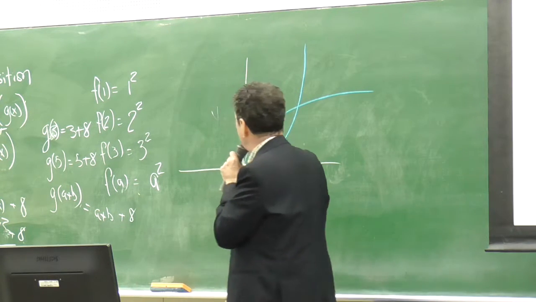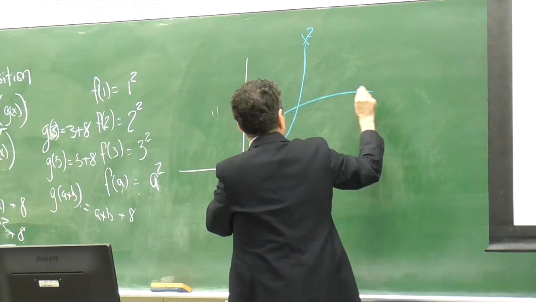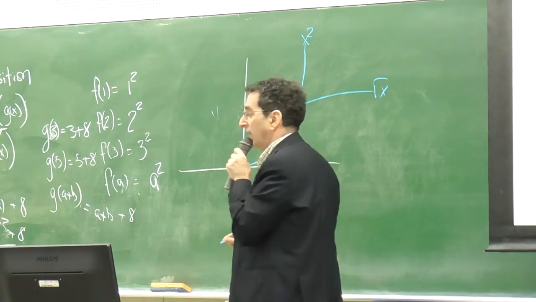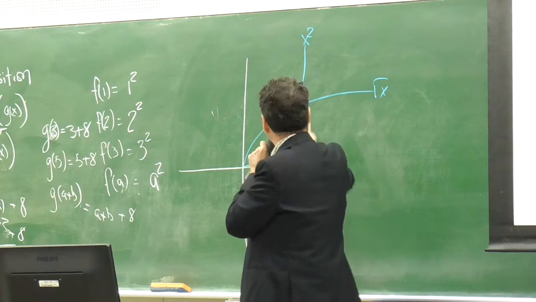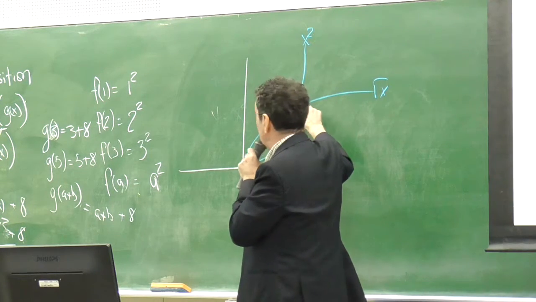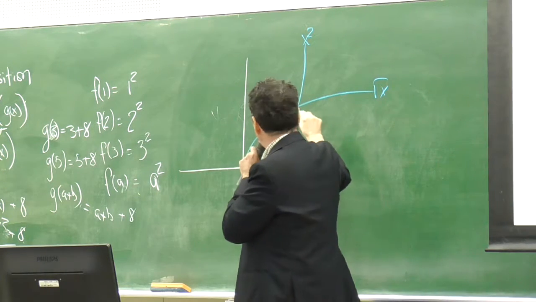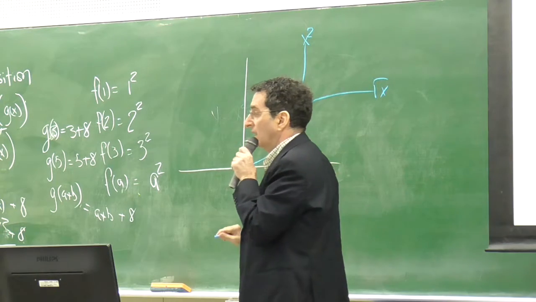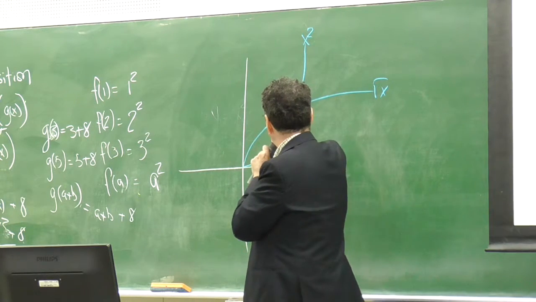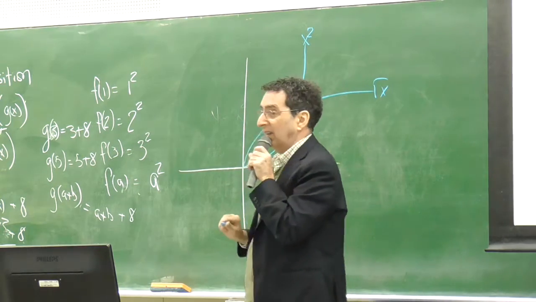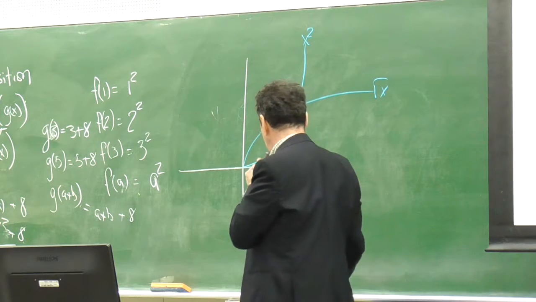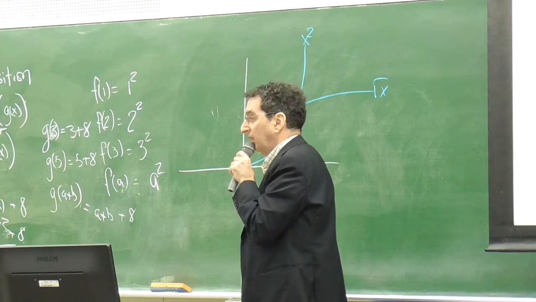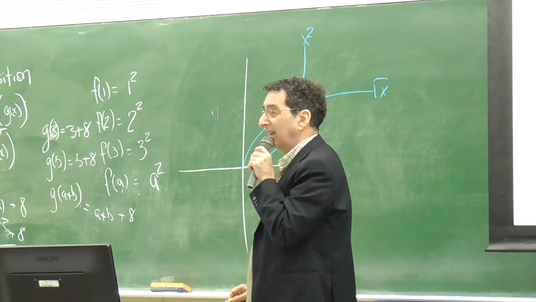So if I put in 1 for x squared and the square root, what do I get? If I put in 1 for x squared, I get 1. If I put in 1 for the square root of 1, so they cross here. Okay? But this one looks like this. This one looks like that. Okay? All right. What other ones did we do? I think we did 1/10 x.